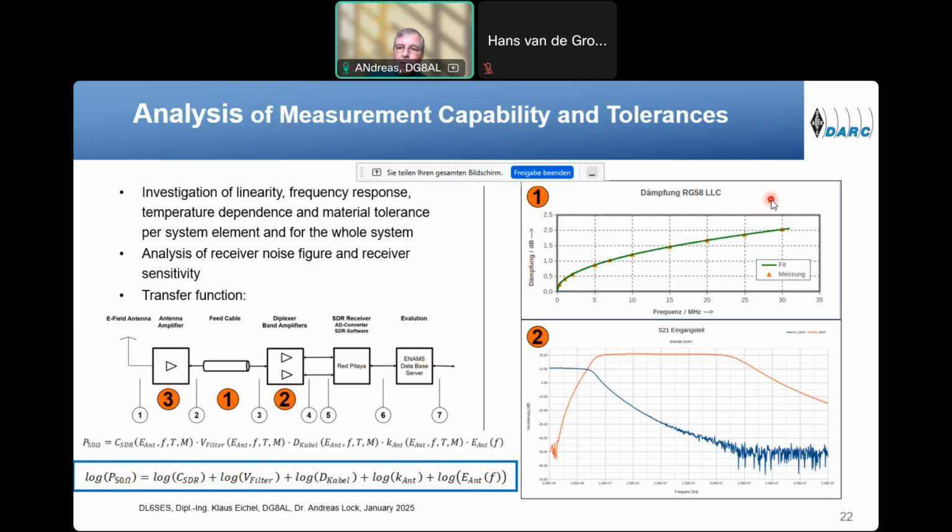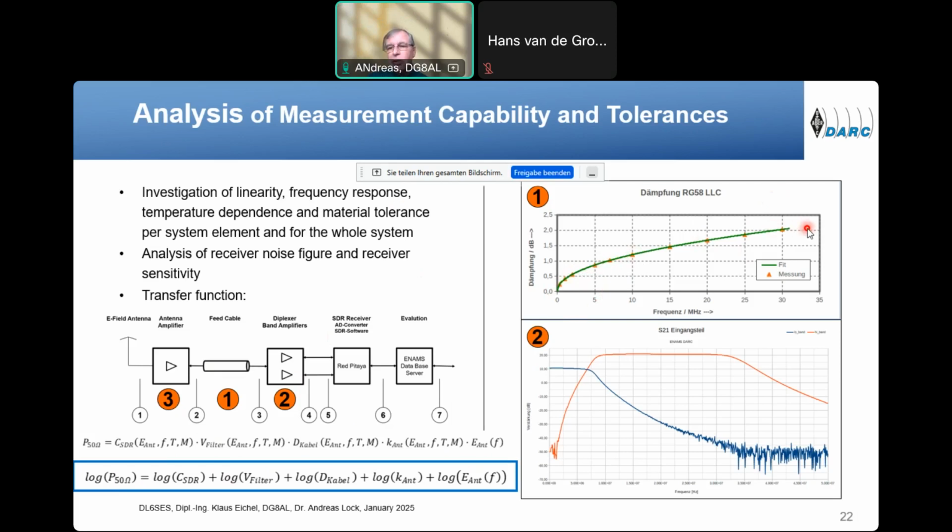And here in the upper left diagram, first you see the attenuation of the cable. I took the main data points from the data sheet of the cable, but Klaus measured it also in his lab at lower frequencies to have a better fit of this numerical function.